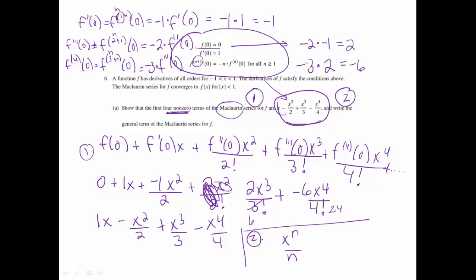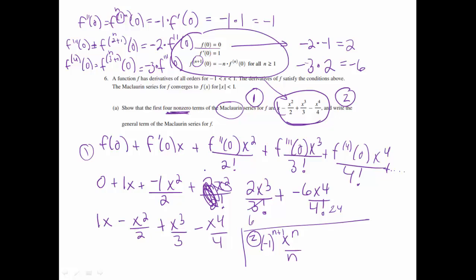And this is going to be, I should have left myself more space, negative 1 to the n plus 1. Because when n was 1, it was not negative. I have to have the n plus 1 in order to make my negatives be in the right spots. So that's what that would have to do with, and then I would be set. So that is my formula. That would be my general term.